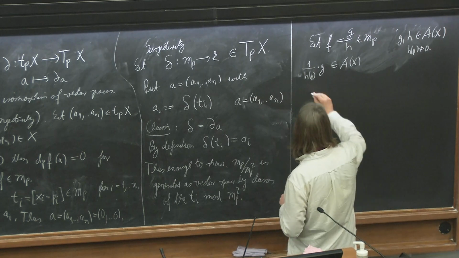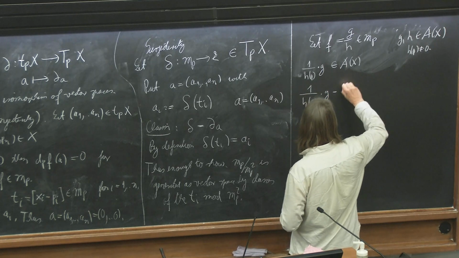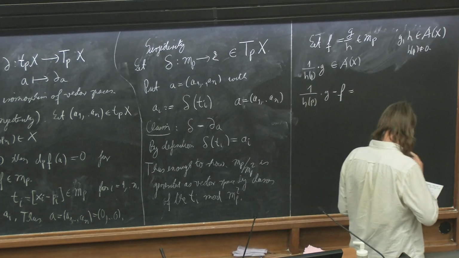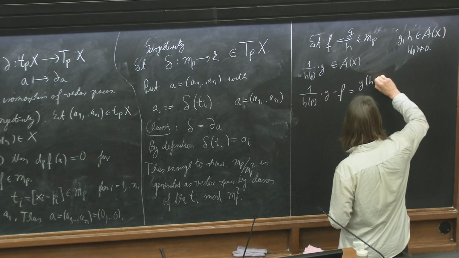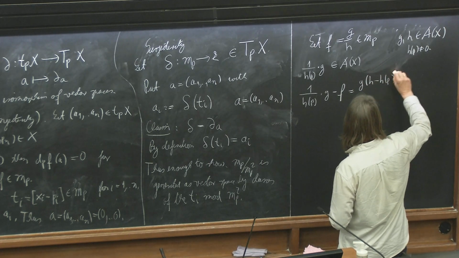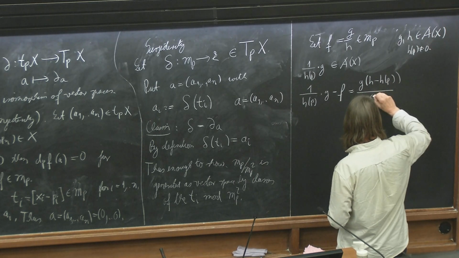And if I take 1 over H of P times G minus F, I can just write this down. This is, if I'm not mistaken, G times H minus H of P divided by H times H of P.